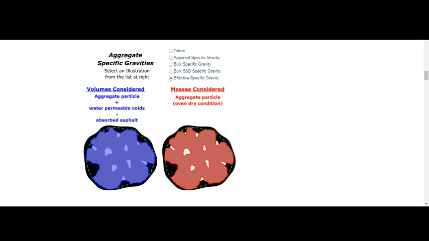That particular portion of volume will be added to the solid volume of the aggregate, and this volume's equivalent weight of water will be used to calculate the effective specific gravity of that particular aggregate.